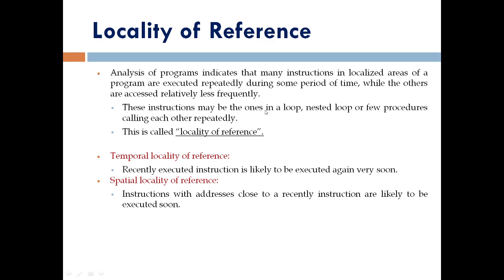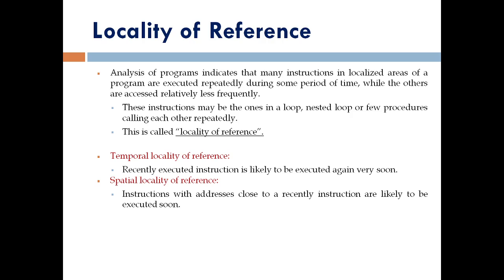These instructions may be the ones in a loop, nested loop, or a few procedures calling each other repeatedly. This is called locality of reference. It means the tendency of the computer program to access the instructions whose addresses are near one another.